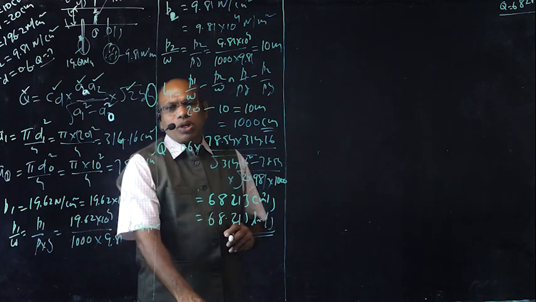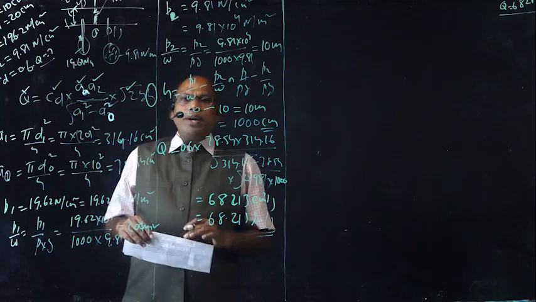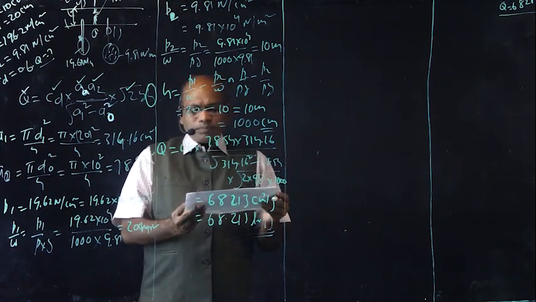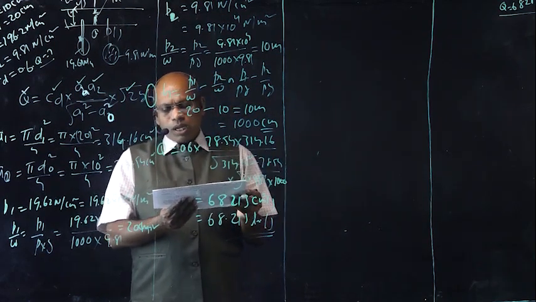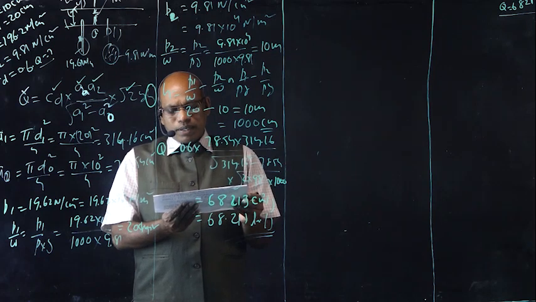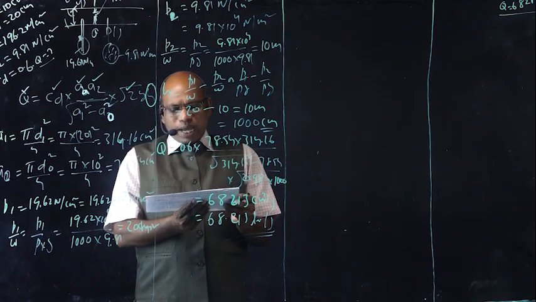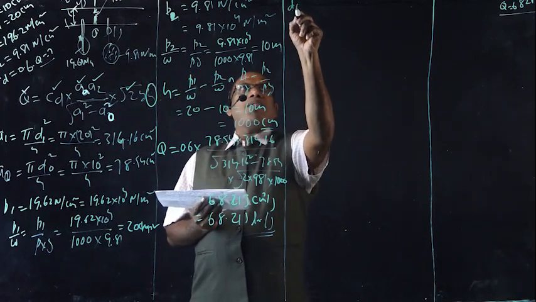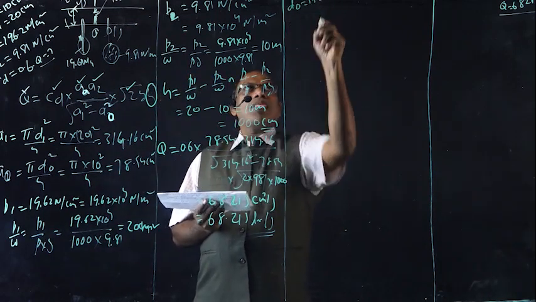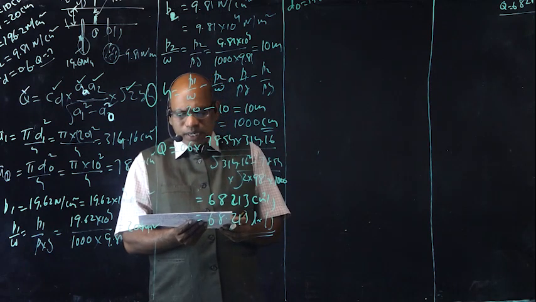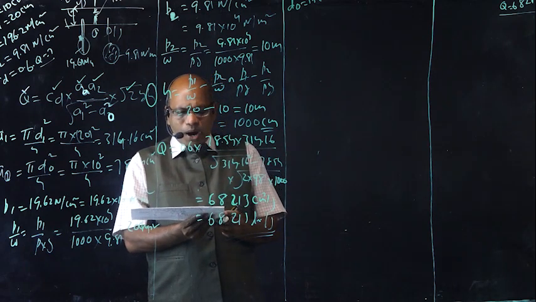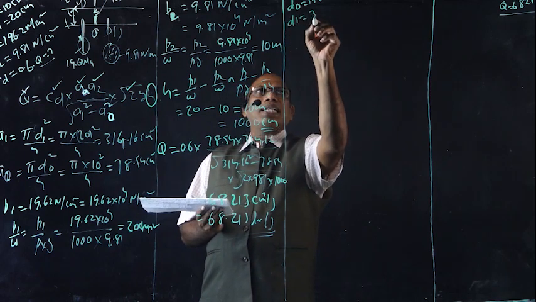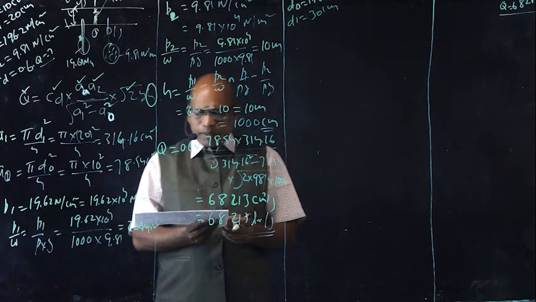Now we are going to solve one more problem related to the orifice meter. Please note down the problem. An orifice meter with orifice diameter 15 centimeters is inserted in a pipe of 30 centimeters dia. Dia of the pipe is given, that is equal to 30 centimeters.